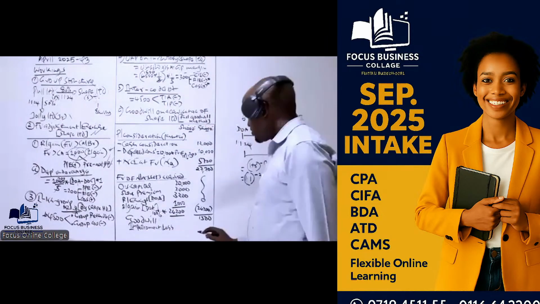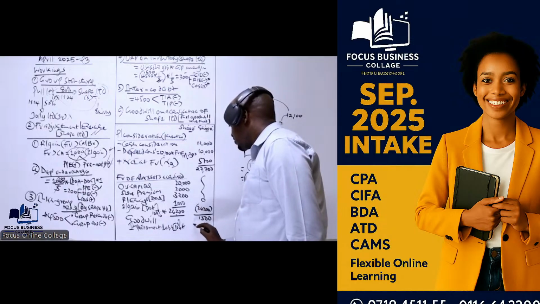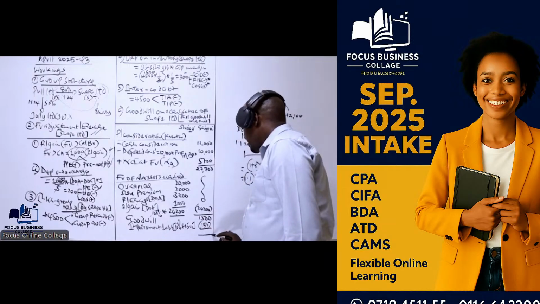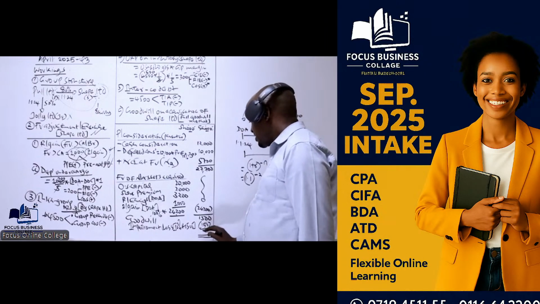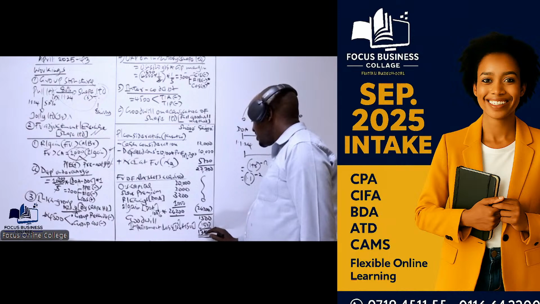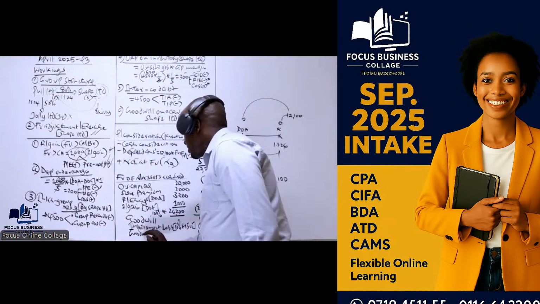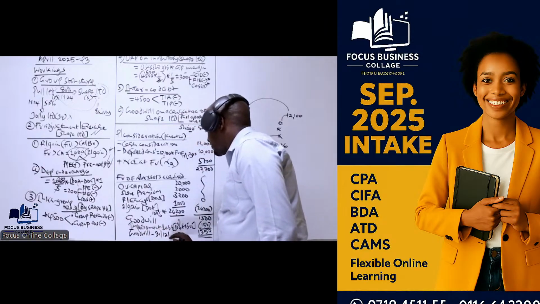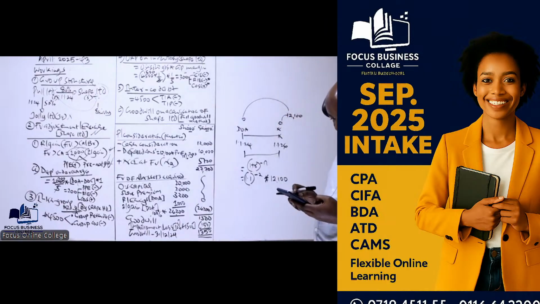This goodwill had lost 10% of its value, which is 150. So what will be the value of the goodwill at the end of the year? That is what we are required to find. It will be 1,350. So that is the value of goodwill at the end of the year, 31st of December 2024. And that's what was required in Roman 1 of that question.